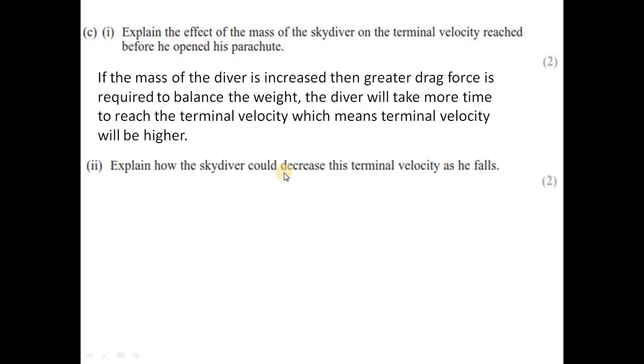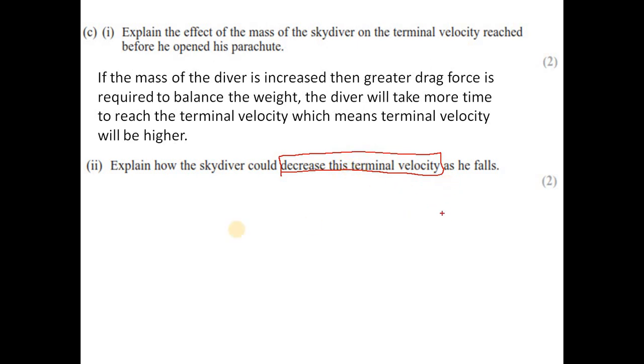Next, explain how the skydiver could decrease his terminal velocity as he falls. If you need to decrease the terminal velocity, that means the diver should take less time to reach the terminal velocity, and less time means drag force should be higher.